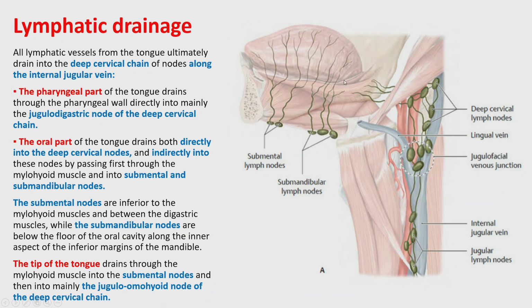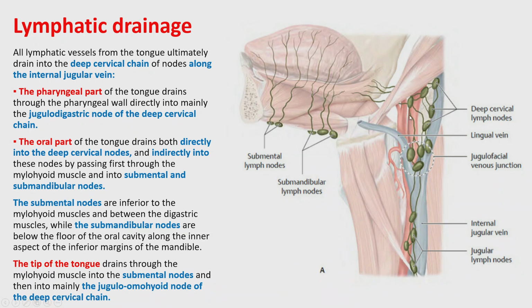The base of the tongue, or the backside of the tongue, or root of the tongue, is draining to the deep cervical lymph nodes parallel with the internal jugular vein, at the place crossed by the posterior belly of the digastric, which is the jugulo-digastric lymph node here.